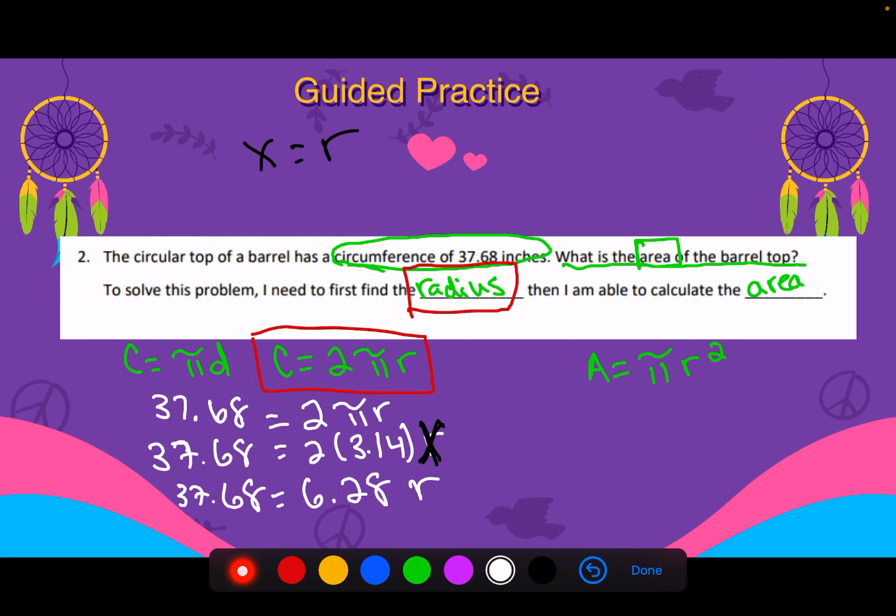So how are we going to get r by itself? Yeah, we're going to have to divide, and we're going to divide by what? If you said by 6.28, you are correct. Remember, we have to divide by the number in front of our variable, which is r. So now we're going to have 37.68 divided by 6.28.